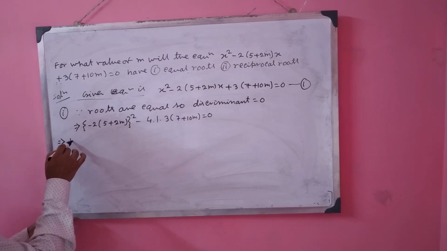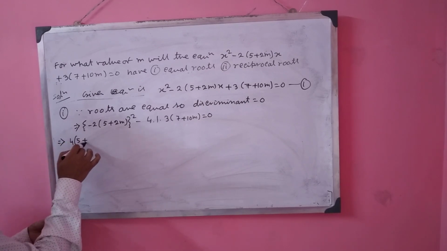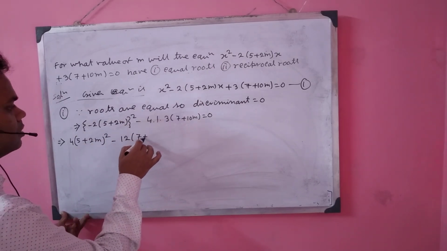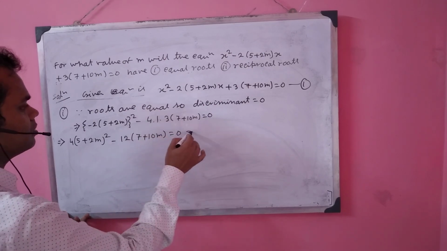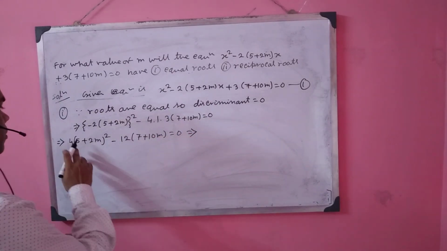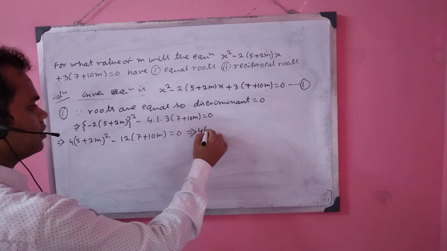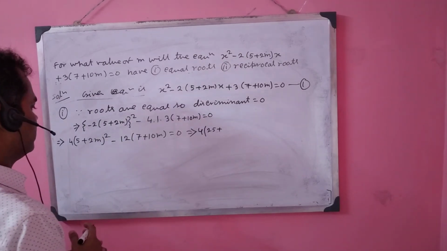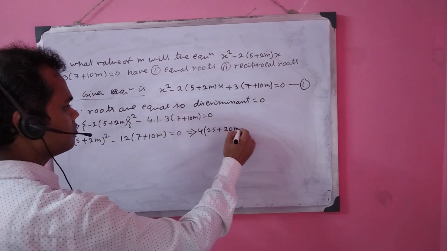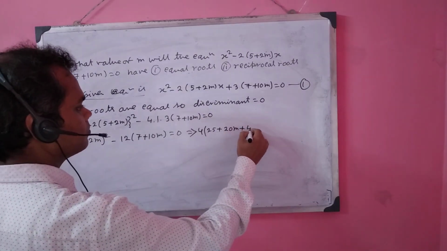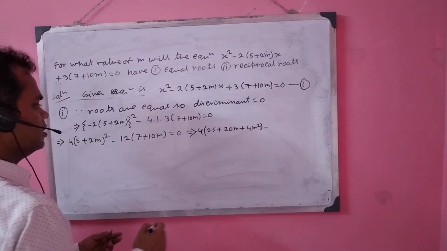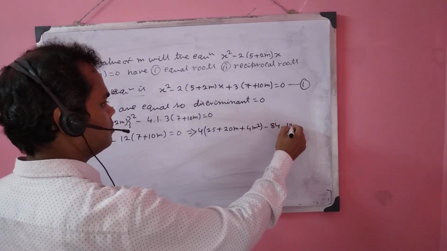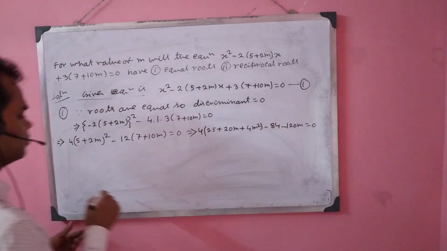So 4(5 + 2m)² − 12(7 + 10m) = 0. 4 into 5 squared is 25, 2ab is 2 into 5 into 2m, that is 20m, plus 4m², minus 84 minus 120m equal to 0.